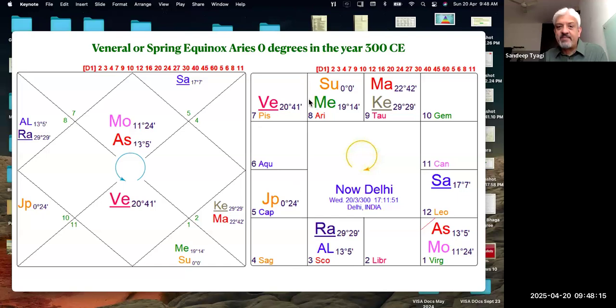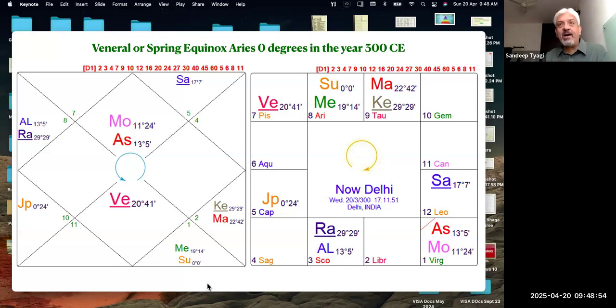So Sun would be placed right at the border of Pisces and Aries, which would be 0 degrees, because then 0 to 30 will be the span of this box. On the North Indian chart, Aries lies here on that particular day and time. And so Sun is in number 1, which is Aries, at 0, 0 degrees. And this is when the vernal equinox or the spring equinox had happened. So you've taken the date of exactly that moment. This was on the 20th of March, year 300.